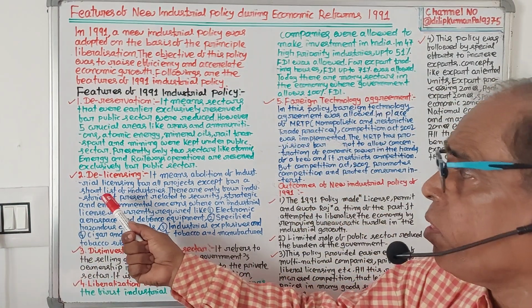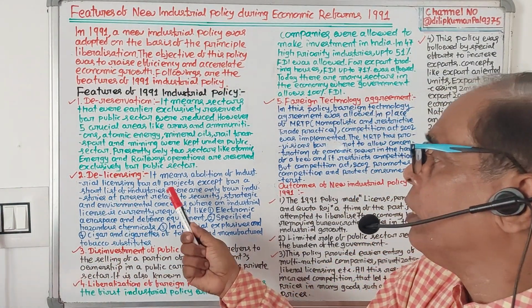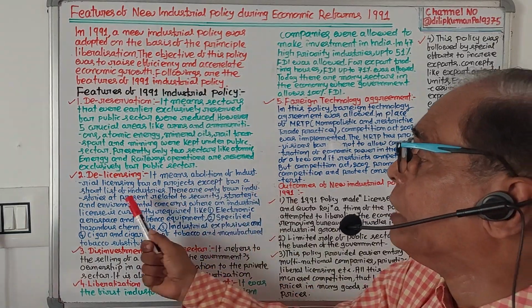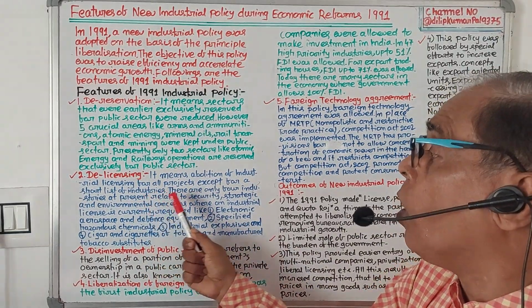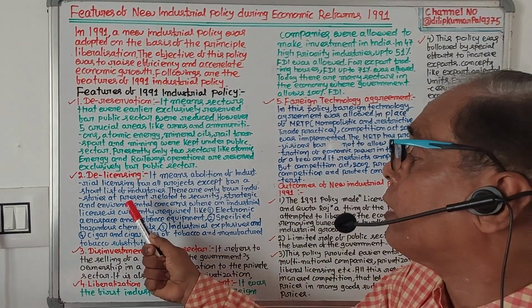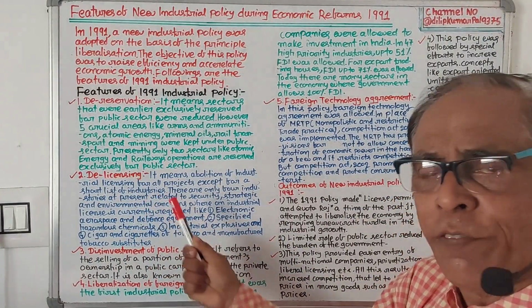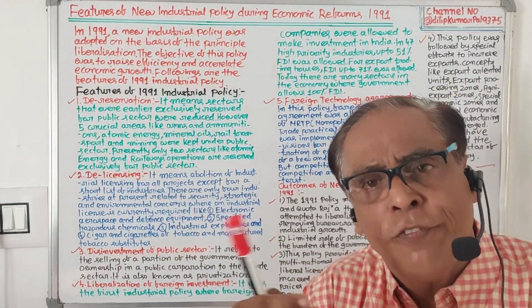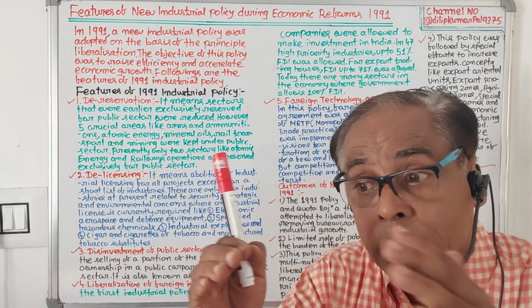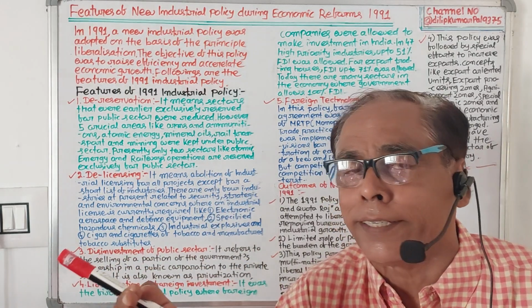Number 2, de-licensing. It means abolition of industrial licensing for all projects except for a short list of industries. It means previously for every project a license from the government was necessary.